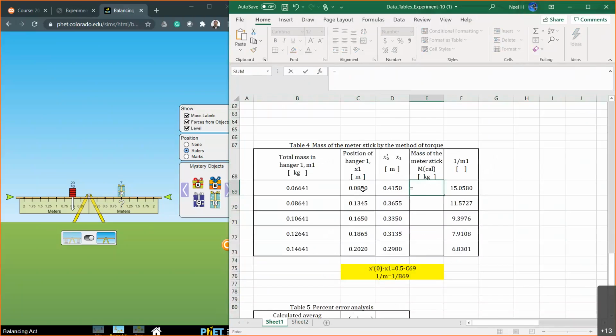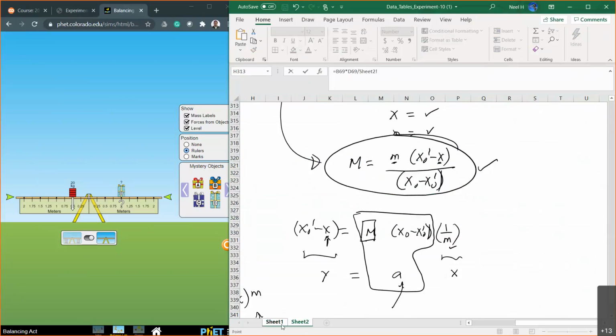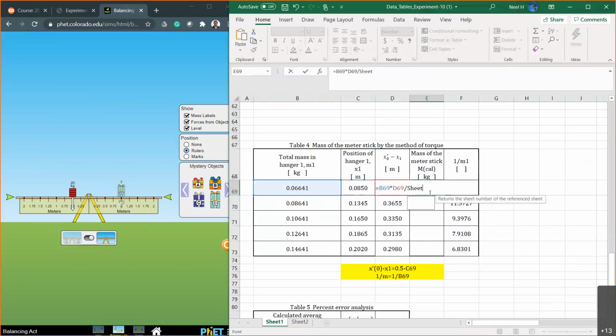Equal sign, mass of the hanger multiplied by x prime minus x, that is cell D69, divided by x0 minus x0 prime. x0 is 50 centimeters, 0.5. x0 prime is the new pivot point, that is about 0.3.